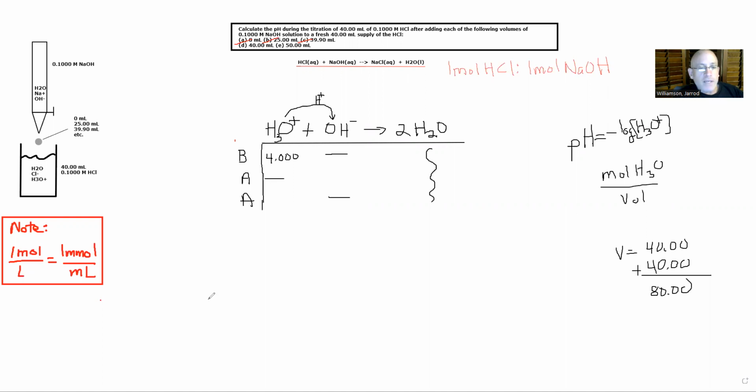How much hydroxide did I drip in? 40 mils. And it is 0.1 molarity hydroxide, which is millimoles per milliliter of hydroxide. And that's going to be 4.000.